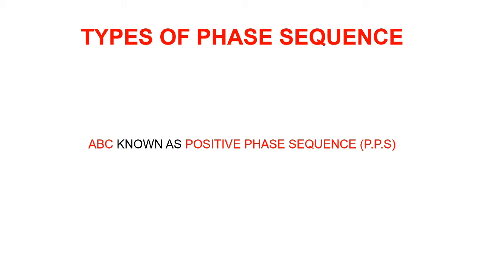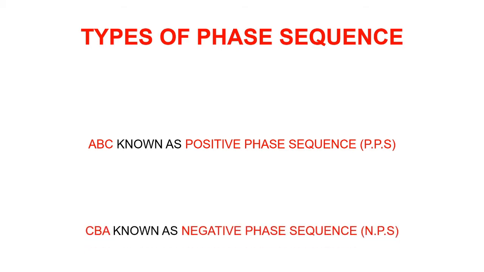So when you see the notation PPS in solving a problem, it means positive phase sequence, and when they say ABC, know already that this is a positive phase sequence. The second one is CBA, known as negative phase sequence, with the notation NPS, just to make it short. When you see NPS, already know that this is your negative phase sequence.